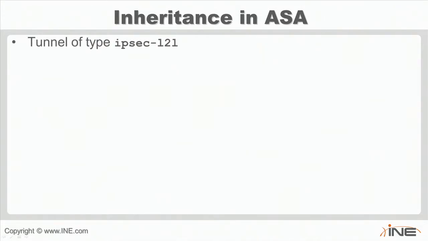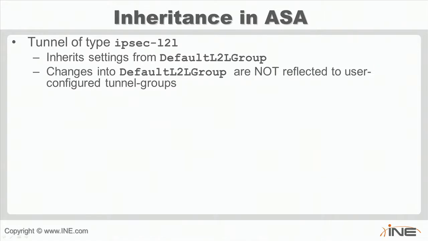Okay, so the LAN to LAN group, which again is the tunnel group that is type IPsec-L2L, it's going to get its default settings from the default L2L group. Now the key with this is that if you make a change to this, the changes are not going to be reflected onto the user-defined tunnel groups.